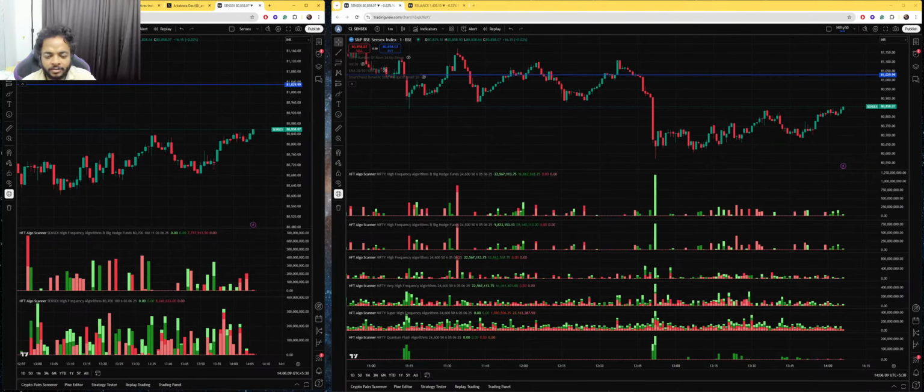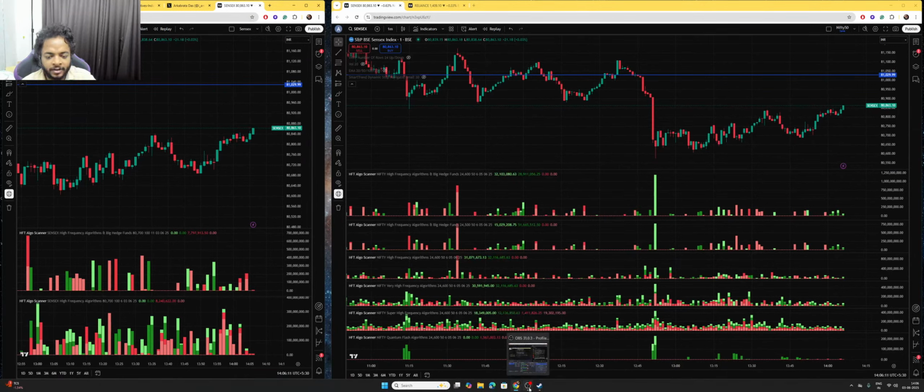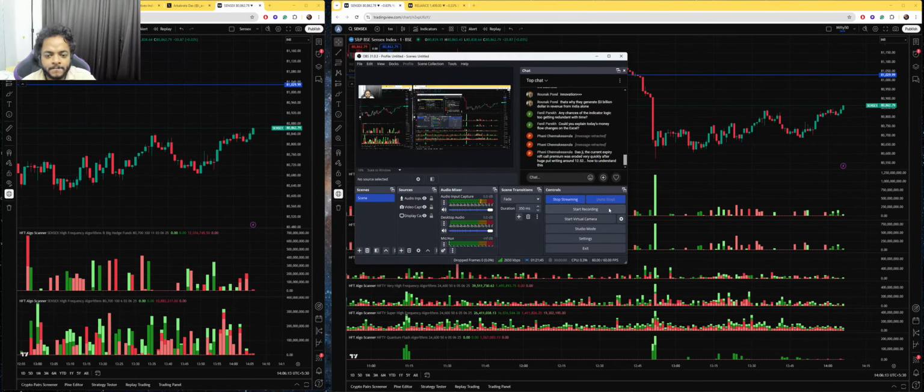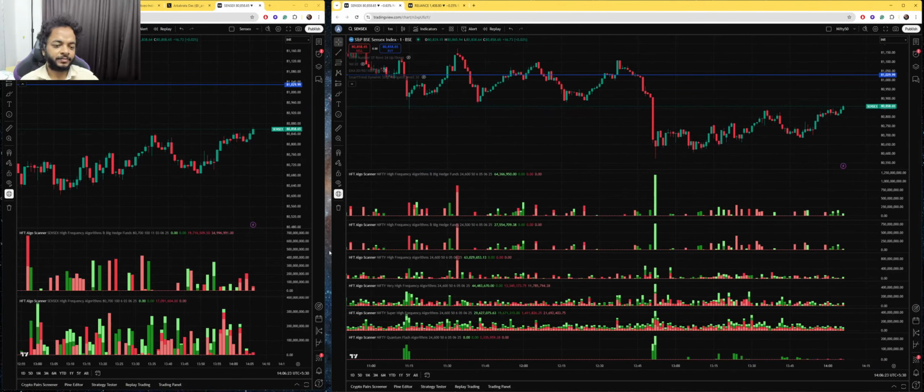So you see, the big activities, the premium on the put side also decreased, right? Huge put trading happened, and the premium on the put side also decreased.